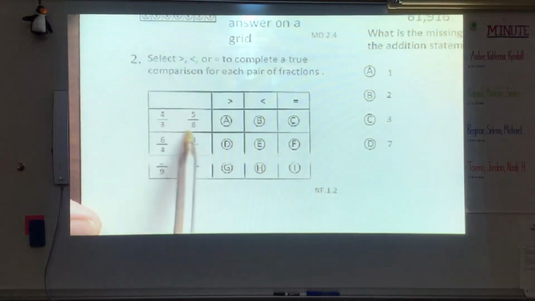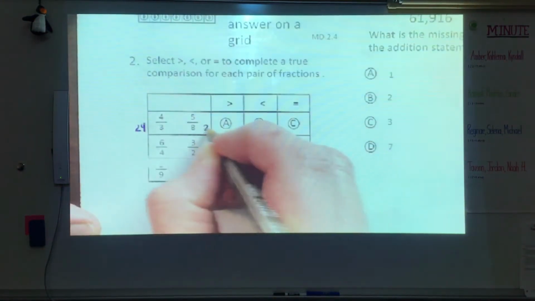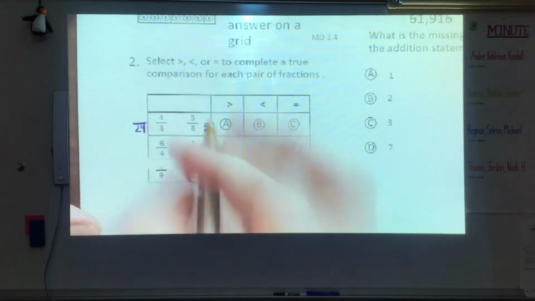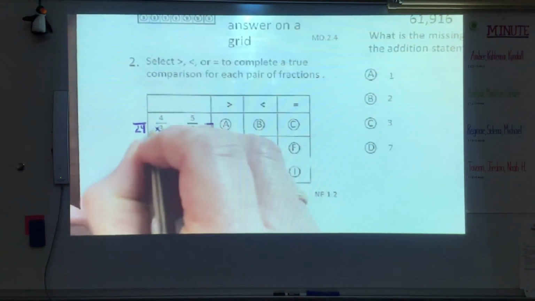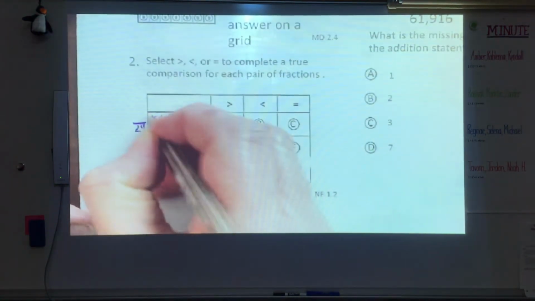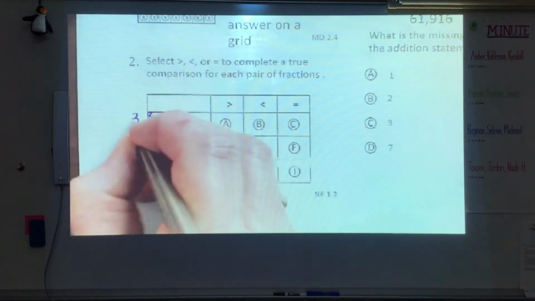I know that 3 times 8 is 24. So we're going to come up with the same fraction with 24ths. 3 times what gives you 24? 3 times 8. So if we do the same to the top, 4 times 8 is 32.